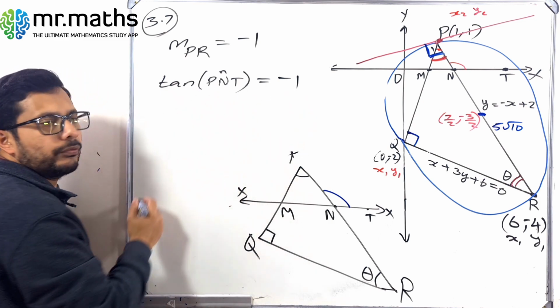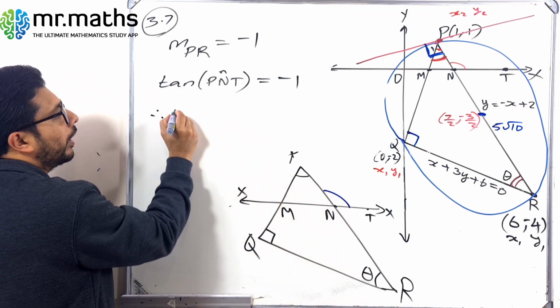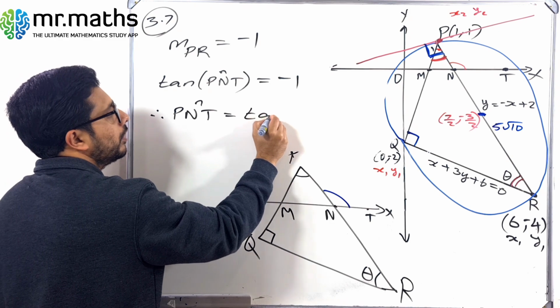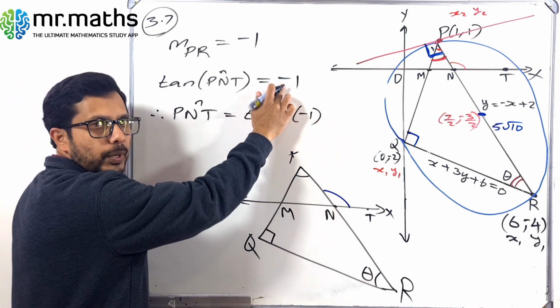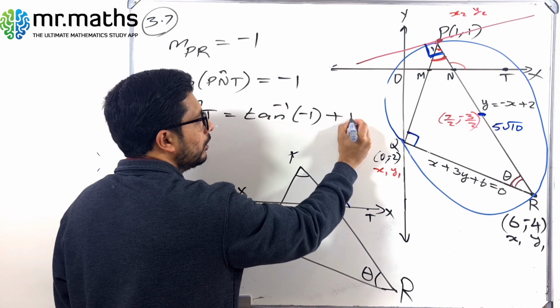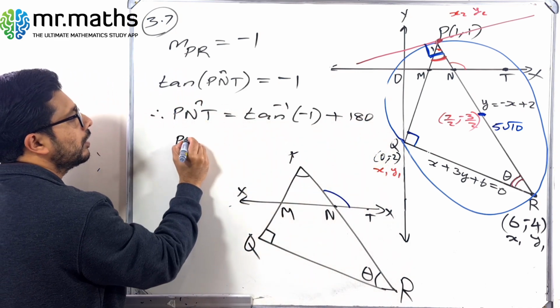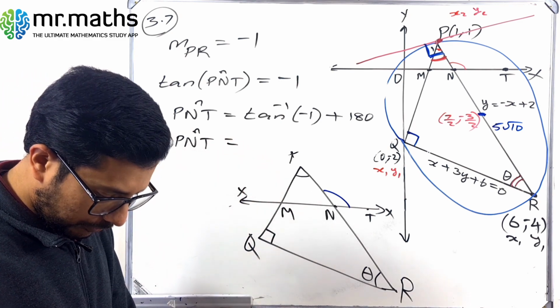So now how can I find angle PNT, this angle? Therefore, angle PNT is equal to tan inverse of minus 1. Since here it is minus 1, don't forget to add 180. So what is angle PNT? Check in your calculator, what is the answer for that?